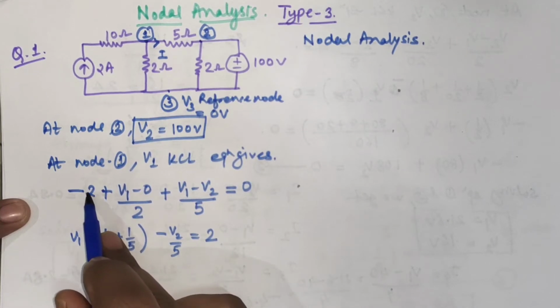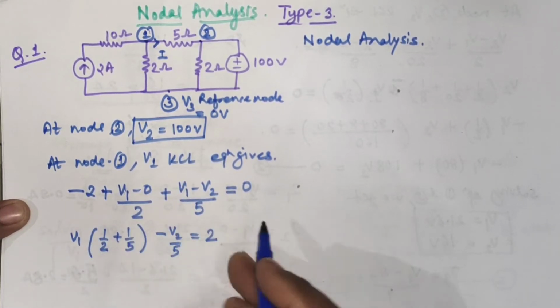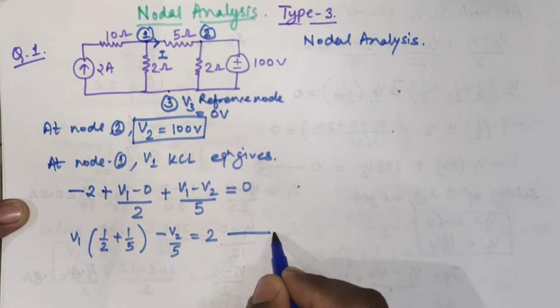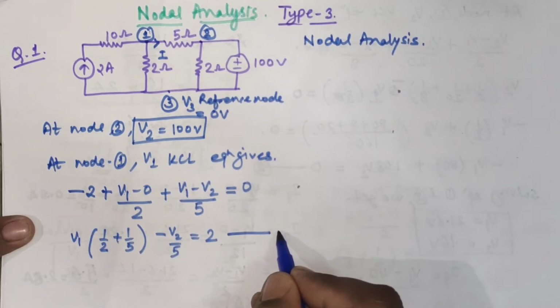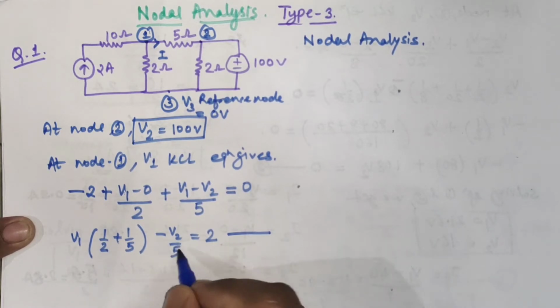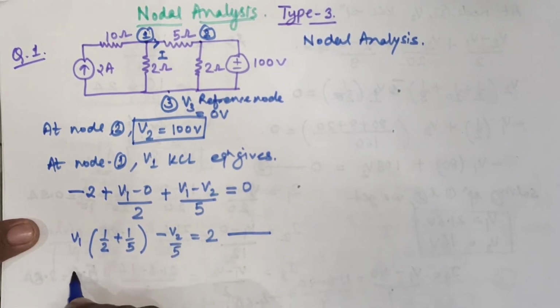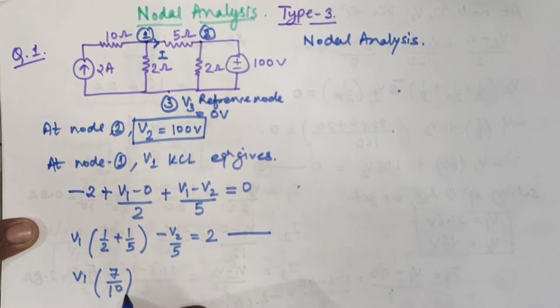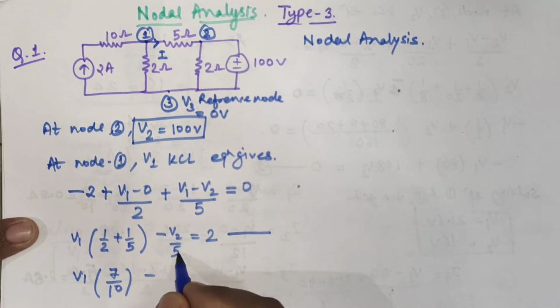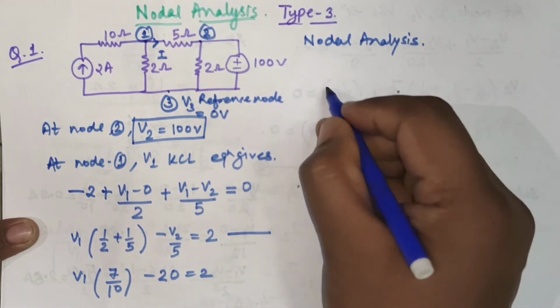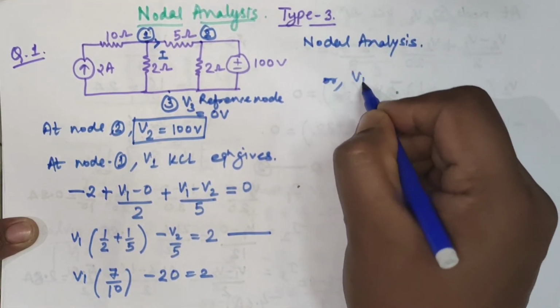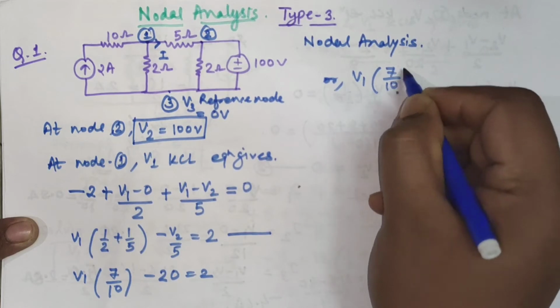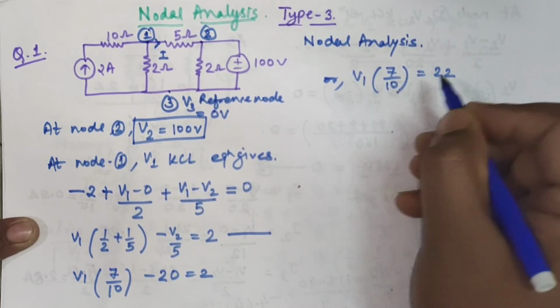Now you can easily put in the value of V2. V1 times 7 by 10 minus 100 by 5, that is 20, equals 2, or V1 times 7 by 10 equals 22.